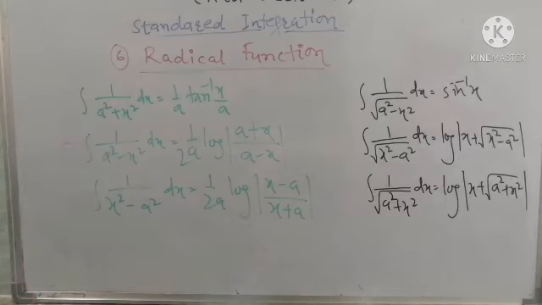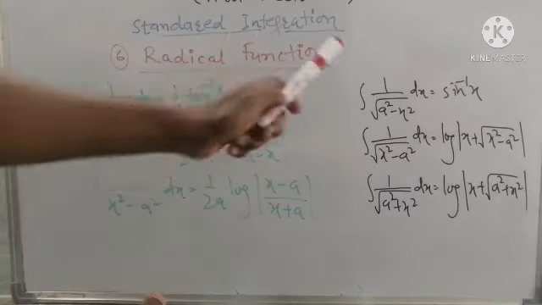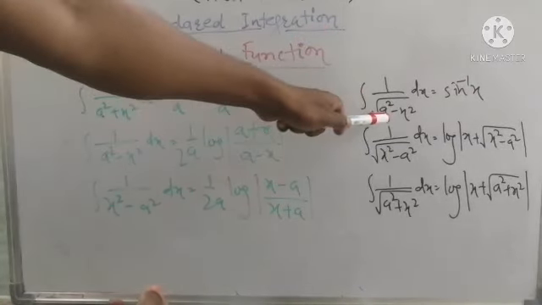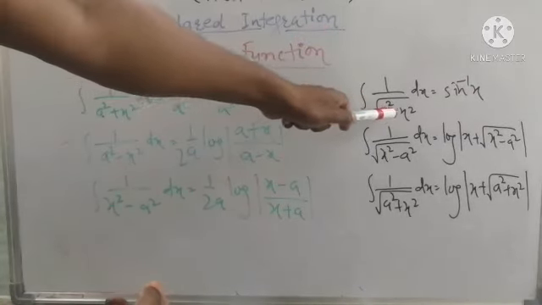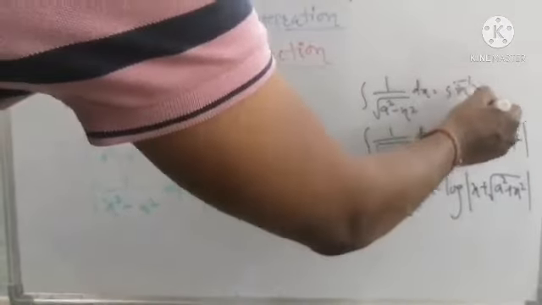Now, the second case with root. As a general form 1 upon root of a square minus x square, in which if a is 1, then its integration becomes sin inverse of x. And now if a is not equal to 1, then its integration is sin inverse of x upon a.